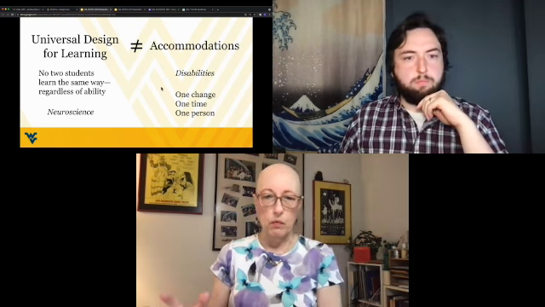Doesn't matter where they come from. Everybody's different. Then we have students who need an accommodation that is only unique to them. So it's one change, one time, one person. And what we're trying to do is to make it so that we don't have to worry about that one change, one time, one person, if we try to accommodate the most students we can from the beginning.